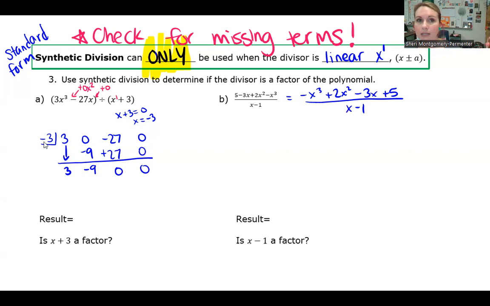Negative times a negative is a positive. 3 times 9 is 27. 27 minus 27 is 0. 0 times -3 is 0. 0 plus 0 is 0. So our first step, drop it like it's hot. Multiply, add, multiply, add, multiply, add.